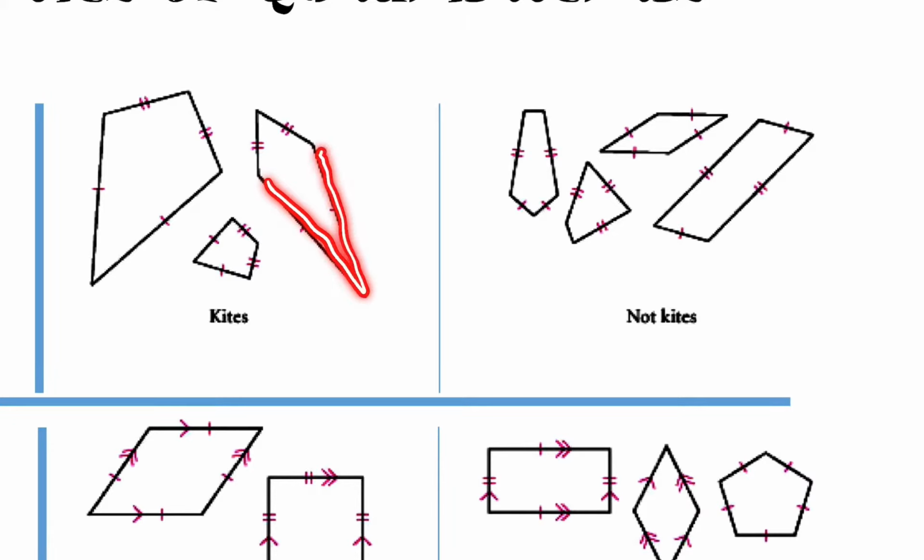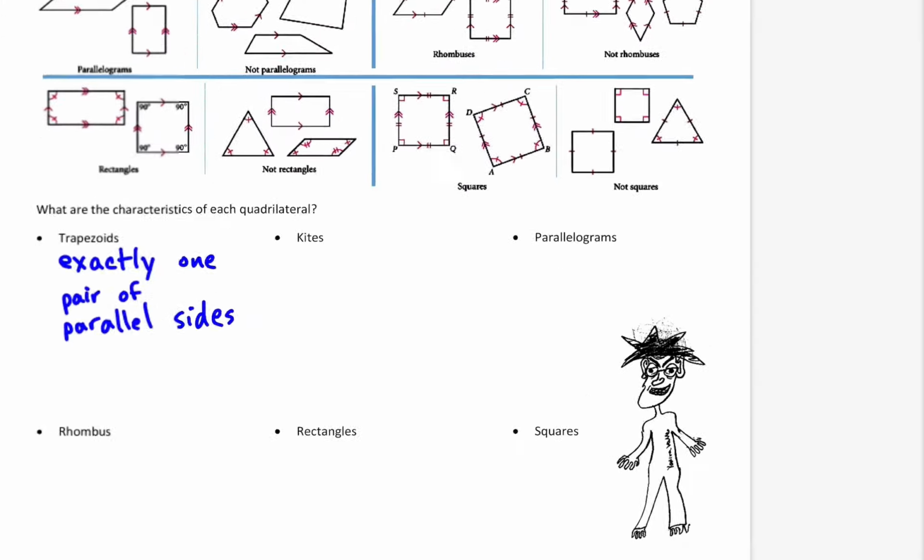So notice here, this side and that side, they're congruent and they share an angle. This side and that side, they're congruent and they share an angle. But the sides that are congruent over here don't share an angle.